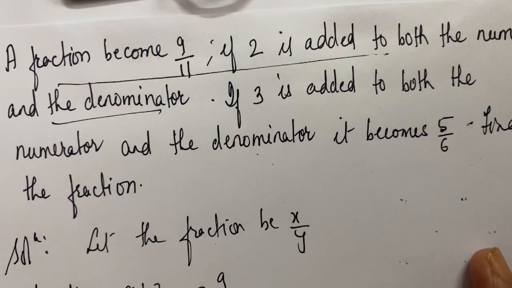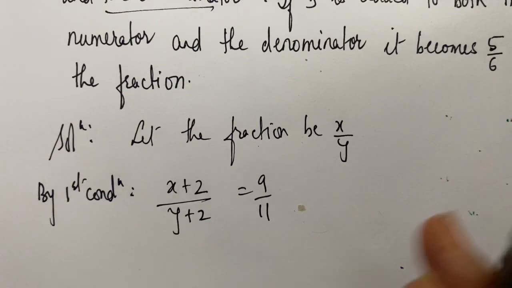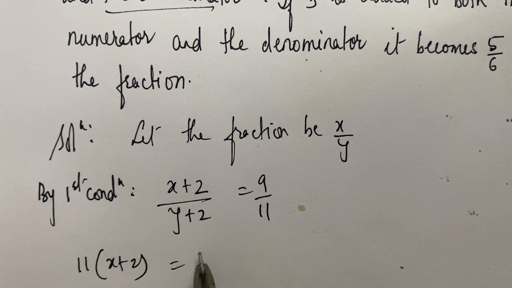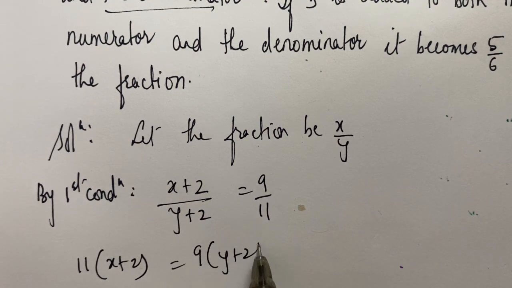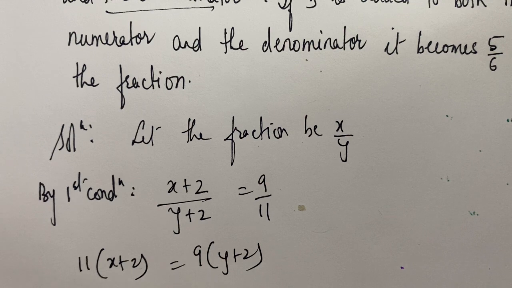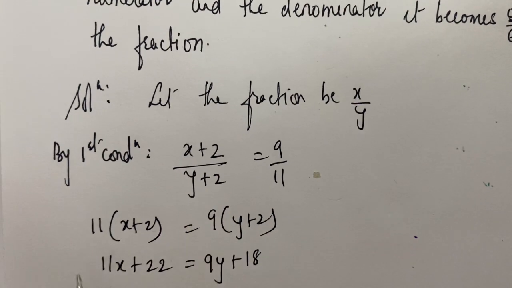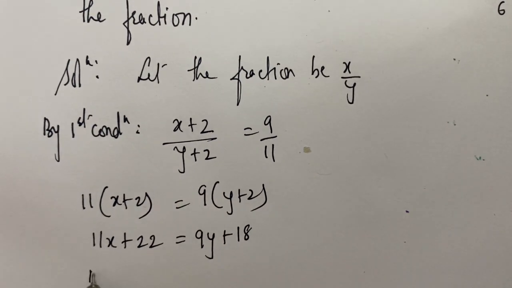Getting that? Now we cross multiply. When you cross multiply, it will be 11 into x plus 2 and 9 into y plus 2. This becomes 11x plus 22, 9y plus 18. Transfer, frame a linear equation in two variables. 11x minus 9y is 18 minus 22.